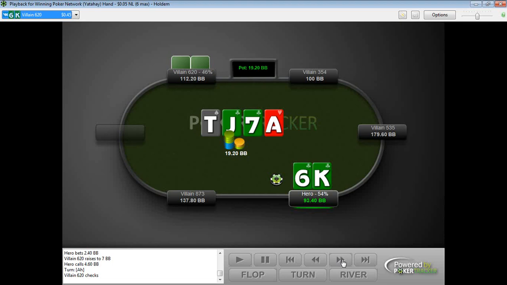Fine. If he has an ace of clubs, he's going to call it. Fine. We can go check, check on the river, even with a flush. So we bet small here.